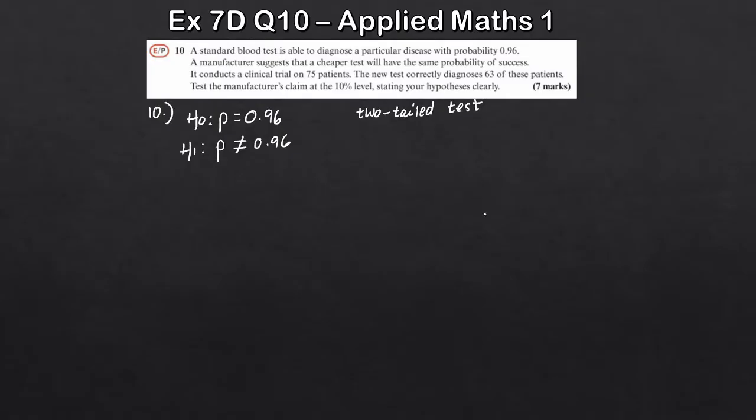If we quickly define as well, we let X be the number of patients correctly diagnosed.